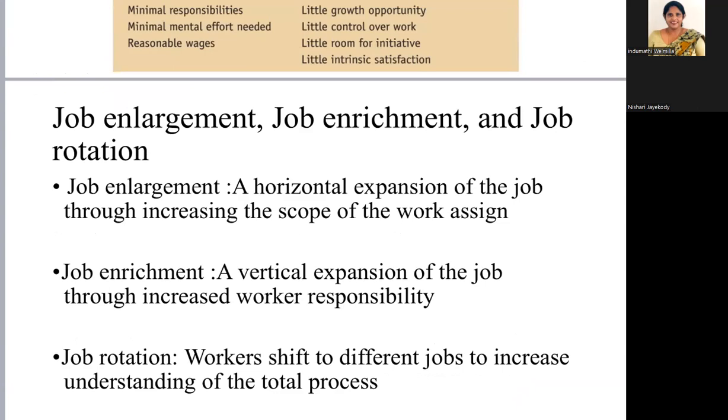It is the horizontal expansion of a job. The job designer adds other related tasks to the job. So the worker produces a proportion of the final product that he or she can recognize. For example, an assembly worker gets to do additional tasks that complete the proportion of the final product, which enables the worker to experience self-importance in the final product.